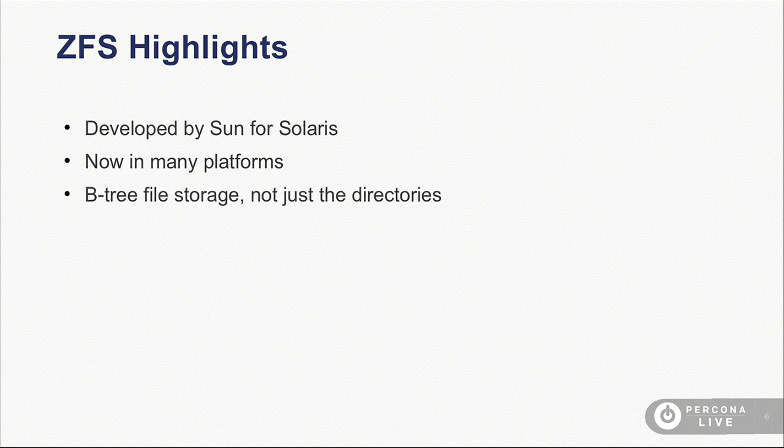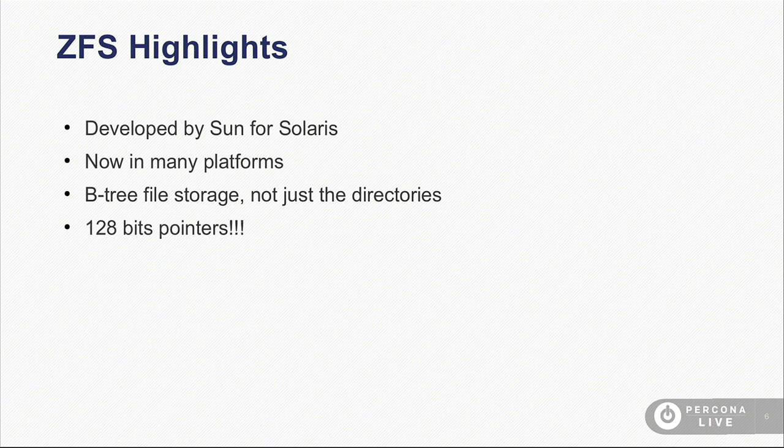What's special about ZFS is that everything is stored in a B tree. While many file systems like XFS and ext4 will store the directories in B trees, they will not store the files, the content of the file, in a B tree. ZFS does. The files are fragments that are stored as leaves of a B tree.